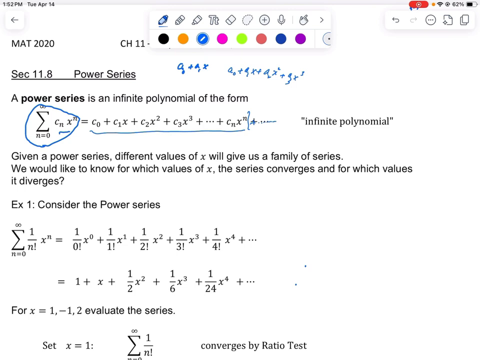But all the other information about series will stick to this power series as well. So the different values of x for which the series converges or diverges, that is what we will try to figure out.